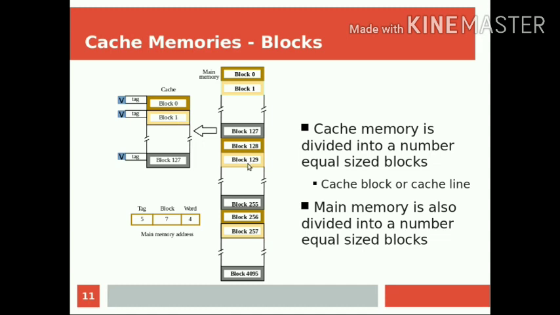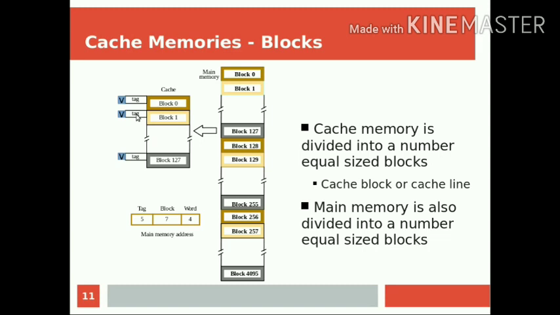Then block 129 will be loaded into a particular block within the cache memory. Assume that it is loaded into block 1. Then the corresponding valid bit will be set to 1, that is, it contains a valid memory block. And the tag will also be set accordingly. That will be discussed later.